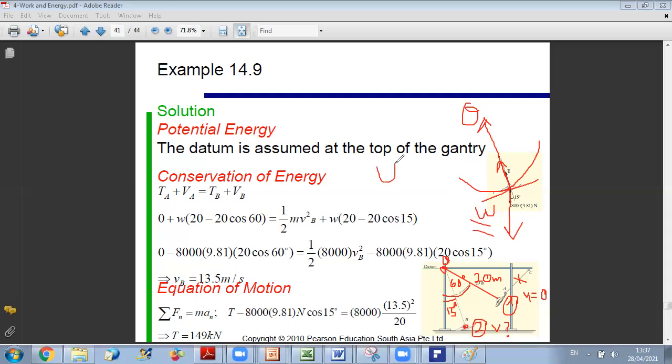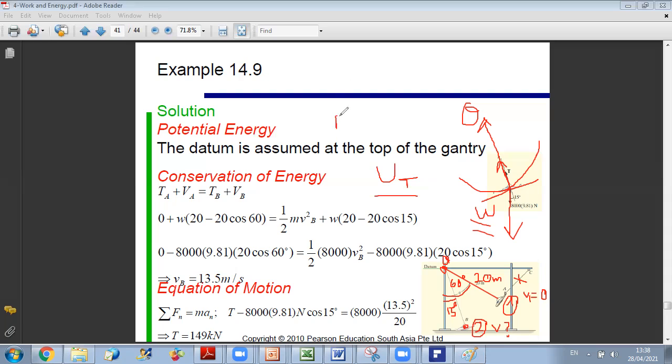So what will be the work of your tension? What is the work of the tension force on the airplane here? How do you calculate the work of a force?